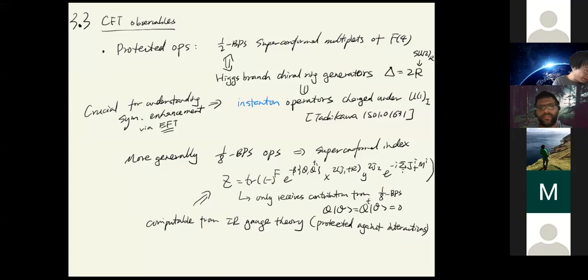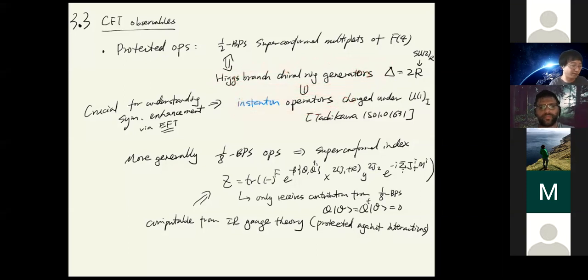And among these Higgs branch Chiral ring generators, some of the very important ones are the ones that carry non-trivial charge. Because these are protected operators, you can try to extract them from the EFT or from the geometry without knowing the details of the geometry, like the explicit metric, which is very difficult. From the effective field theory approach, an important subset of these operators are the ones that carry non-trivial U1 topological charge.